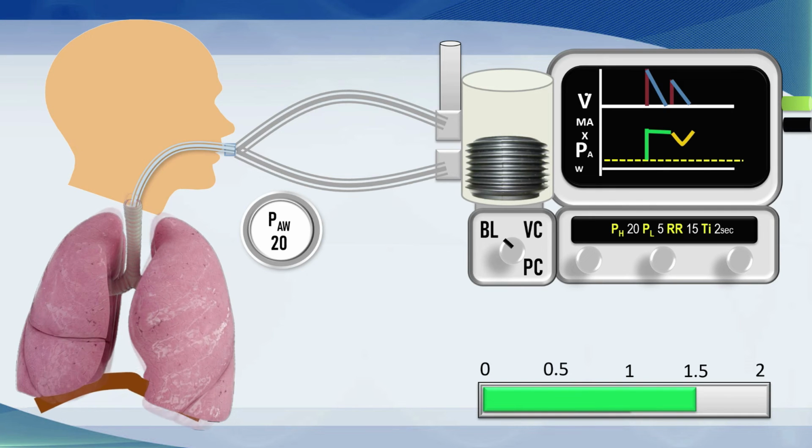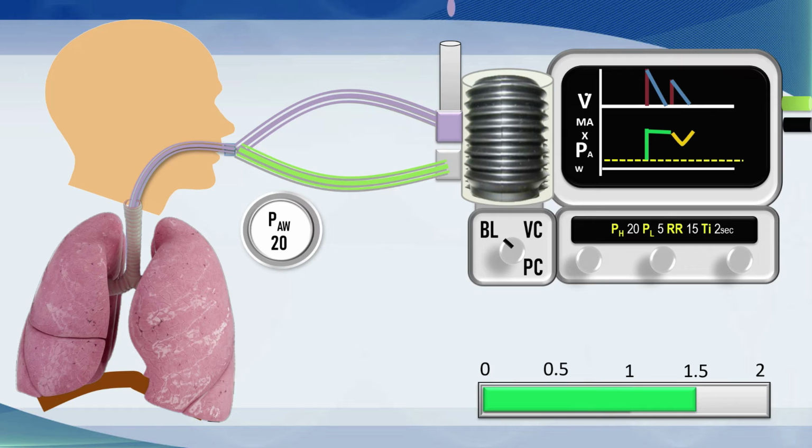Shortly afterwards, the patient begins to exhale. Lung volumes fall slightly and gas is vented off, but the ventilator keeps the airway pressure locked at 20 centimeters of water by a combination of fluttering of the active exhalation valve and flow through the circuit. The magic of this mode is how it does this.